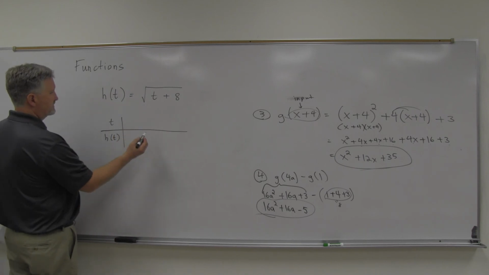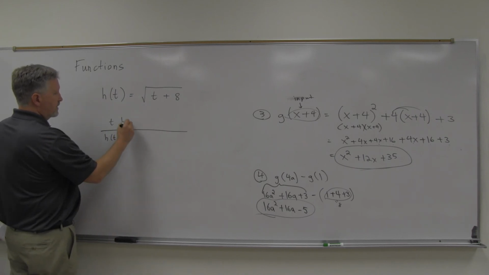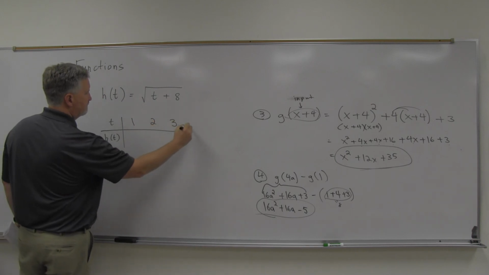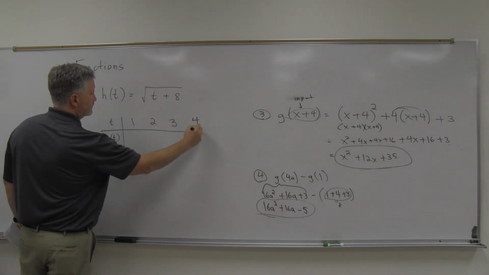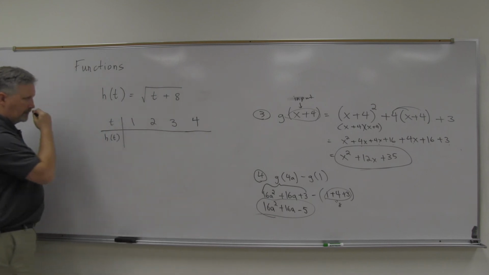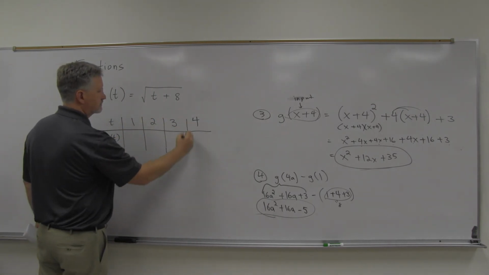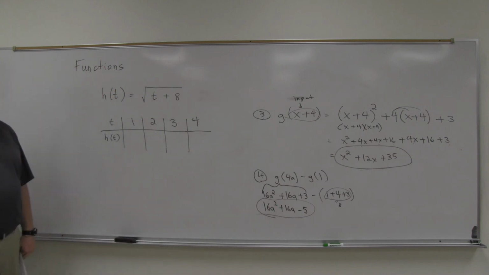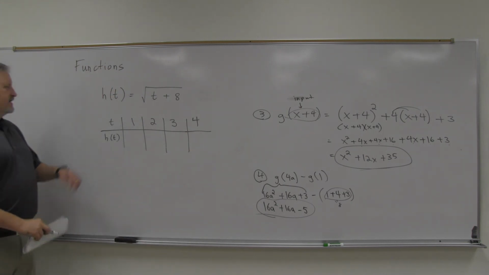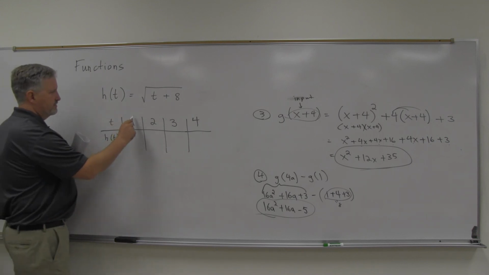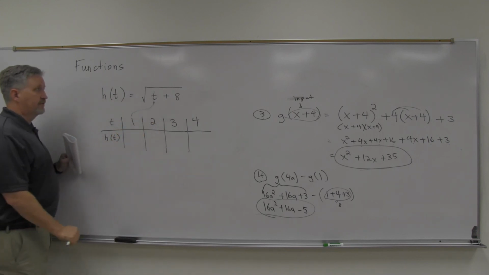Let's go with 1, 2, 3, and 4 for my t values. They give us the t values, we just have to figure out the h of t. These are input values, so if we plug in 1, what have we got?